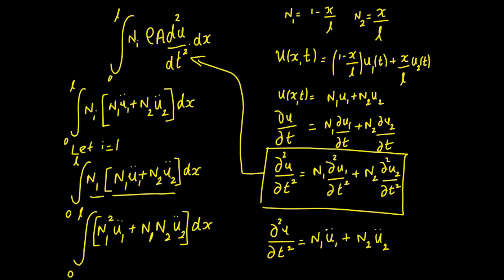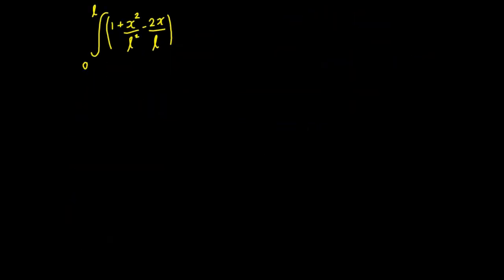The next step is the integral over the limits 0 to L of N1 squared. N1 is 1 minus x by L, so it's of the form (a minus b) the whole square. It's a squared plus b squared minus 2ab. That is N1 squared, into u1 double dot, plus N1 into N2.